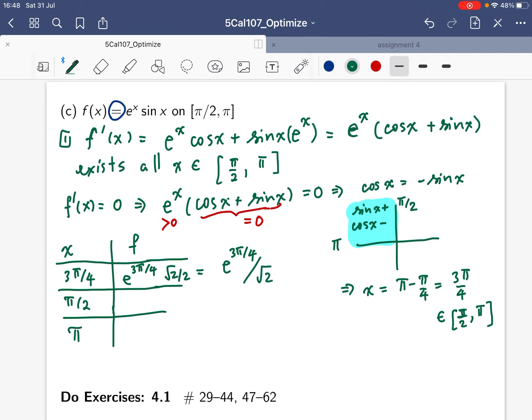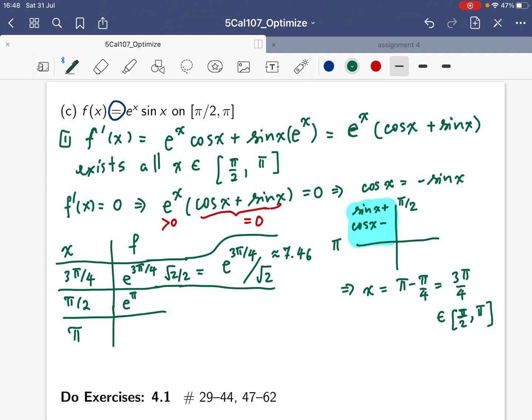I will use my calculator to calculate roughly: exponential of 3 pi over 4, over the square root of 2, and the value is about 7.46.